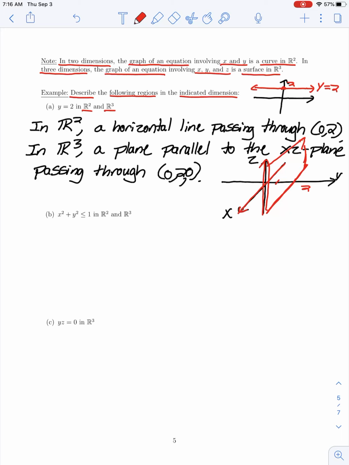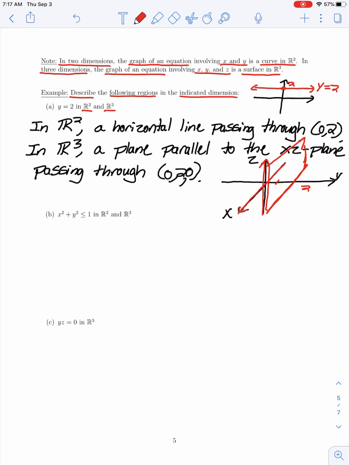Similarly, if we had a constant value of z, let's say z equals 1, we would be looking at a plane which is parallel to the xy plane, but lies 1 unit above that xy plane. So constant values for x, y, or z in space will define planes parallel to one of our coordinate planes passing through a given intercept. So let's look at another example.